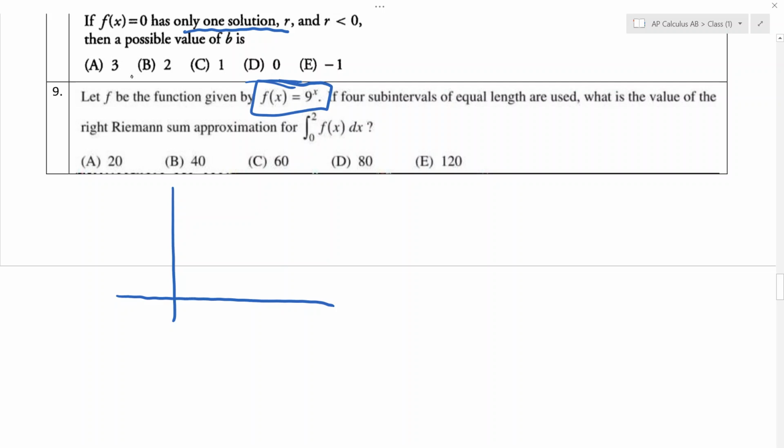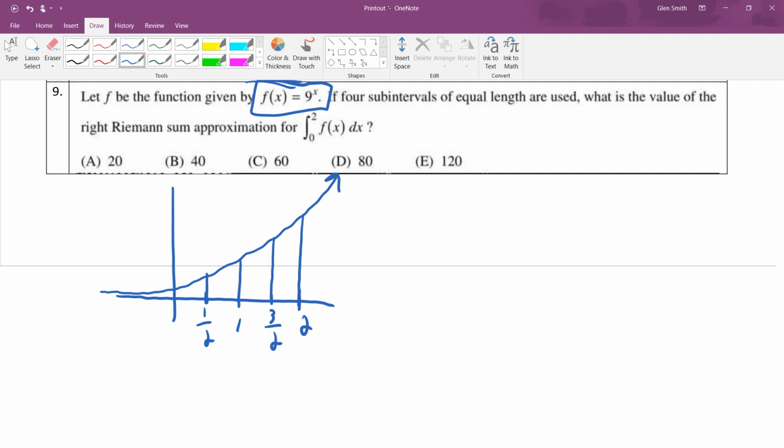Something you can do is just graph it out and see what it looks like. You don't have to. 9 to the x is an exponential function. It's doing that. From 0 to 2, we have to split it up into 4 intervals. 1, 2, 3, 4. Cool?